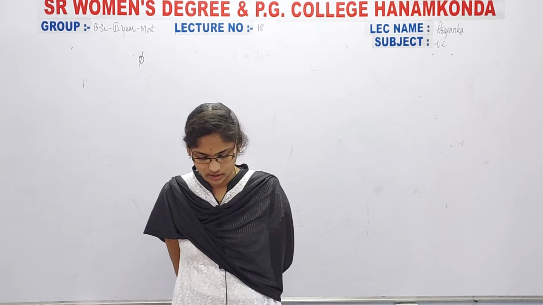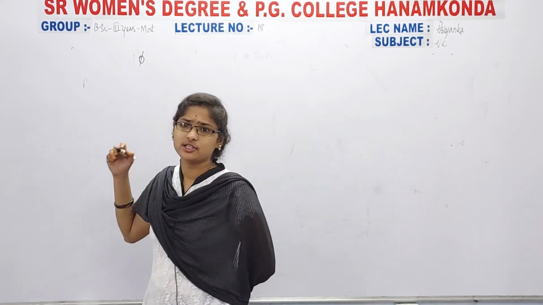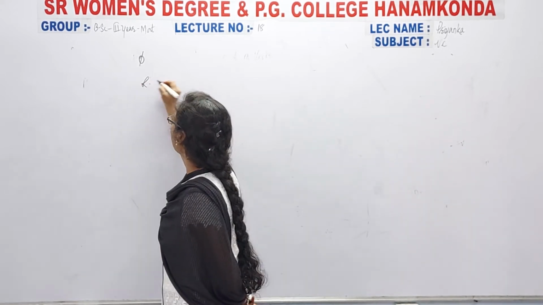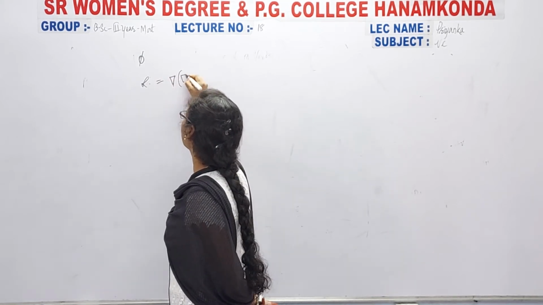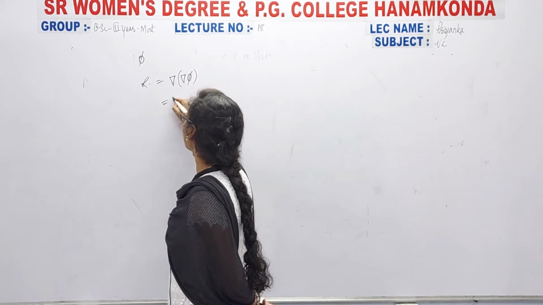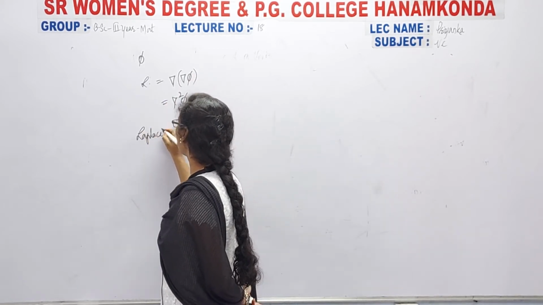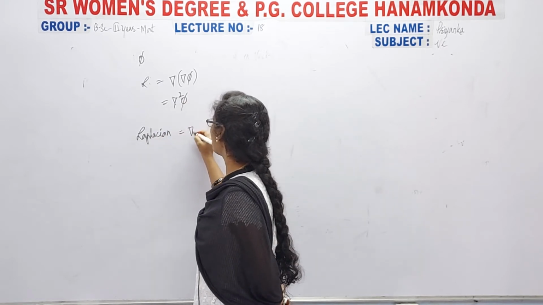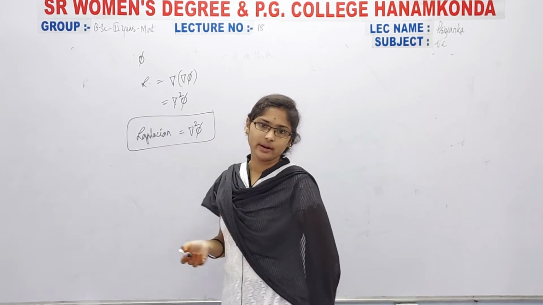Therefore Laplacian, since twice the differentiation also, then what we get, Laplacian is equal to grad of grad pi. That means we can write it as grad square pi. Otherwise, Laplacian of scalar field is equal to grad square, otherwise del square pi.